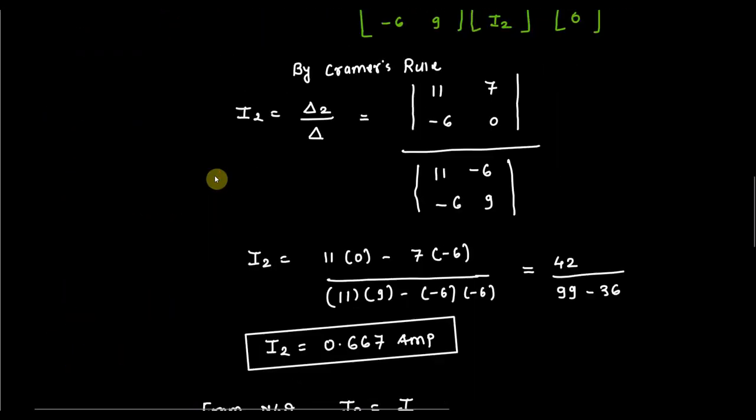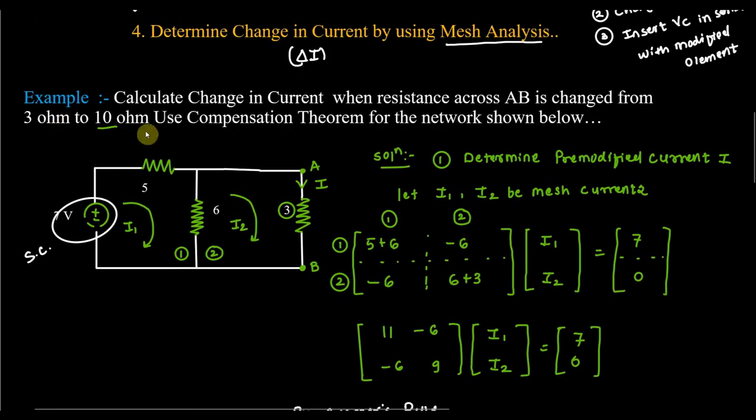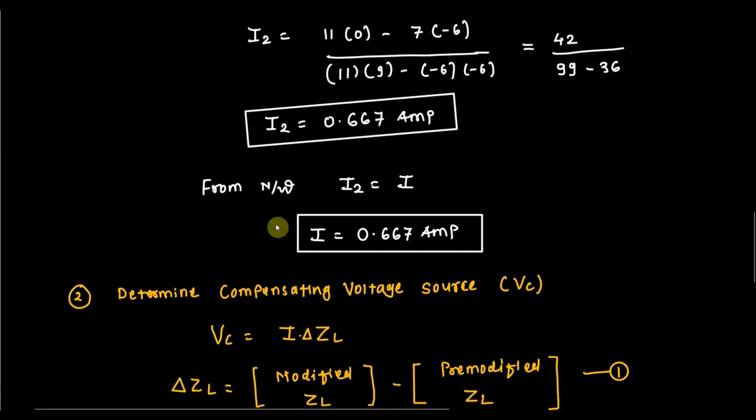You can see that. What we will do is replace this voltage source by a short circuit. And this 3 by modified ZL. So what is the value of modified ZL? That is this one. And we have to insert one voltage source in series with that element. Okay. So I will write it like this.